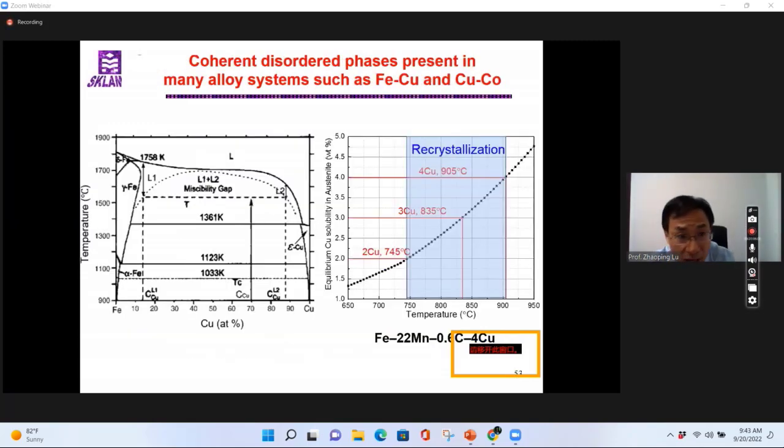So there are a lot of systems available: iron, copper, and so on. In the iron-copper system, there exists a miscibility gap. So you add the copper into the iron, generate a miscibility gap, and copper will precipitate out very quickly during the recrystallization.